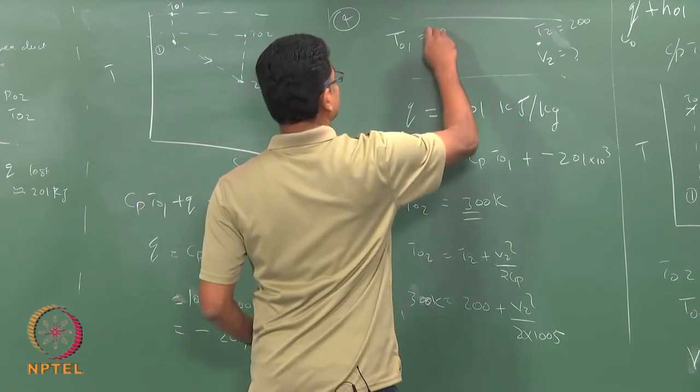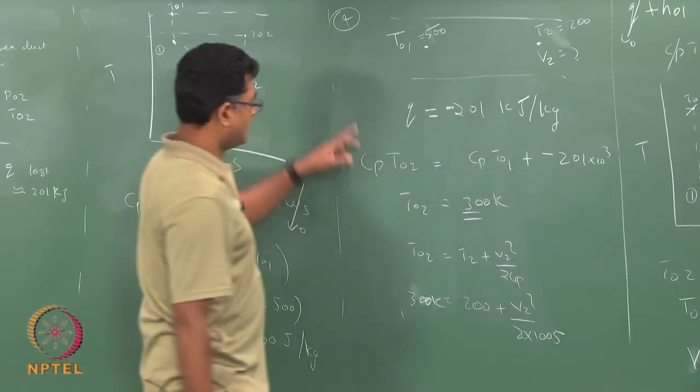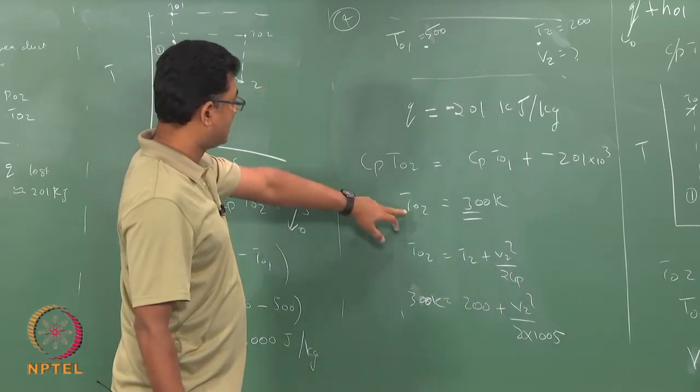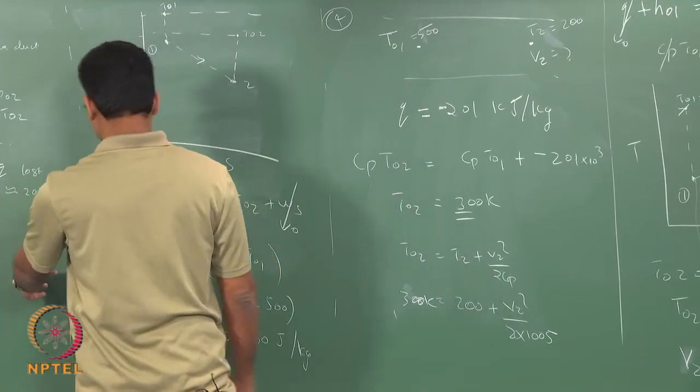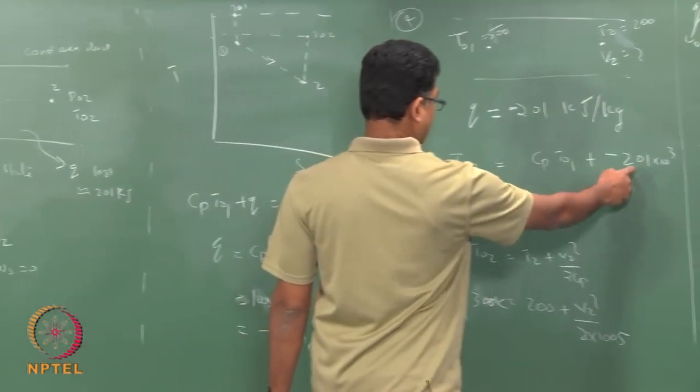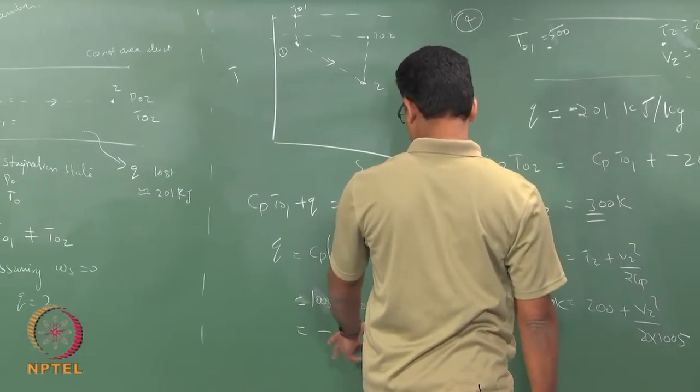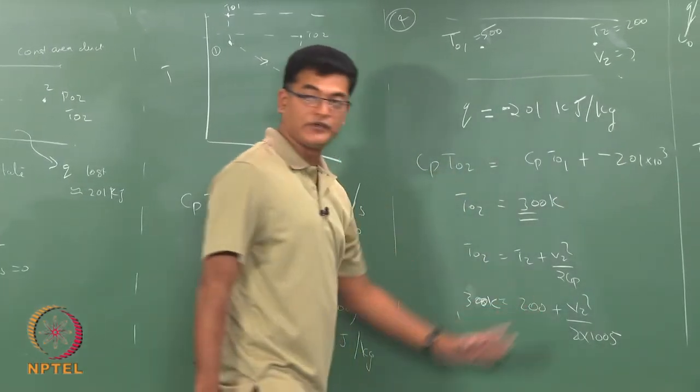T01 is 500, and T02 you would get as 300, which is the same as our numbers in the previous question, and then Q is again the same number as from the previous question. You can find your V2.